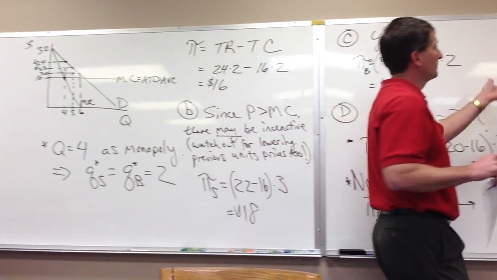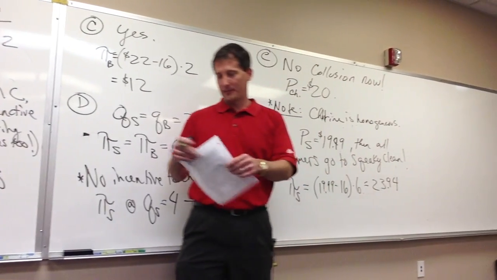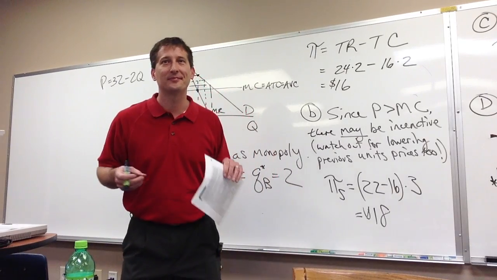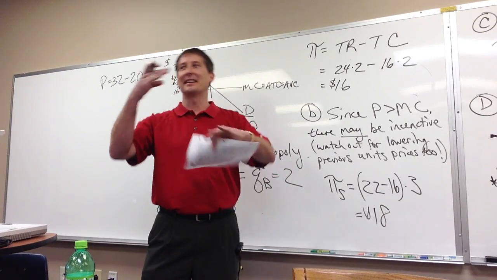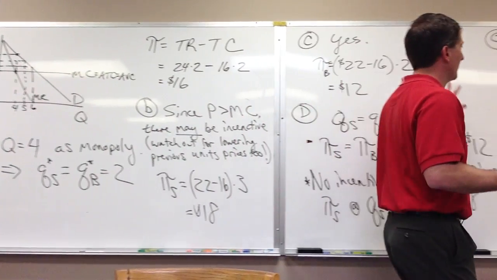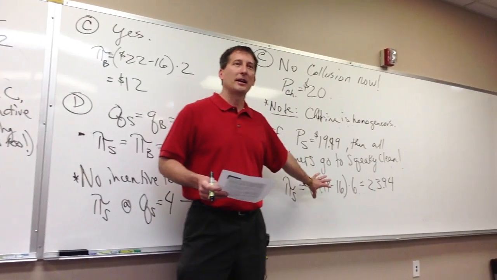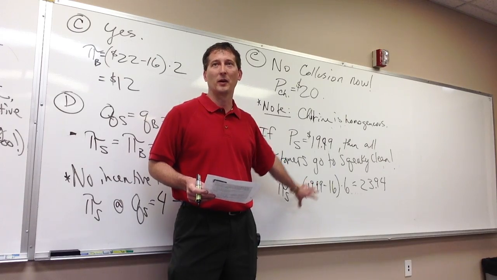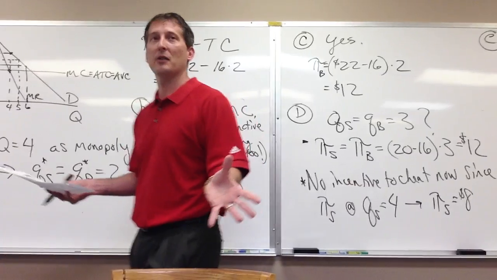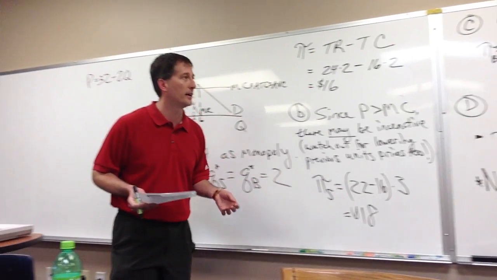Well, Biobase is no dummy. What do they do? 19.98. So now all of a sudden we're in a price war. And if they're operating strictly on prices, where is this thing going to gravitate to? Again, there's no collusion allowed, so all they can do is go on price.